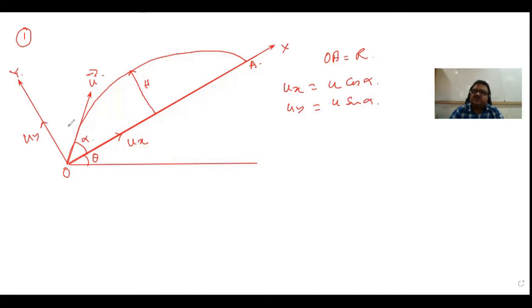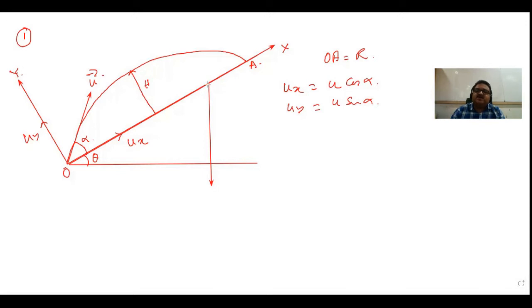Only a twist takes place in this case, about g. g is actually acting in this direction. So now I have to break g into two components: one perpendicular to the incline, one along the incline.